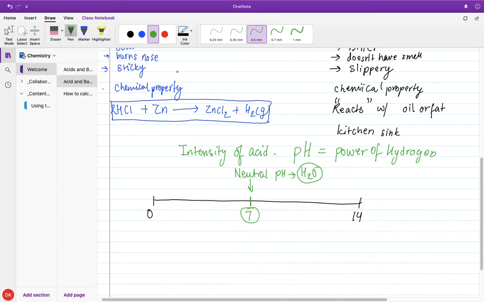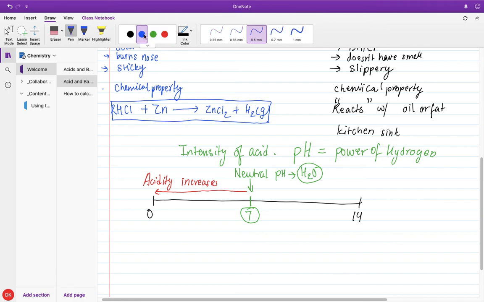The one thing that is very essential for us human beings is water, and water has a pH of 7. Now, if your pH decreases and goes below 7 towards 0, the acidity increases.